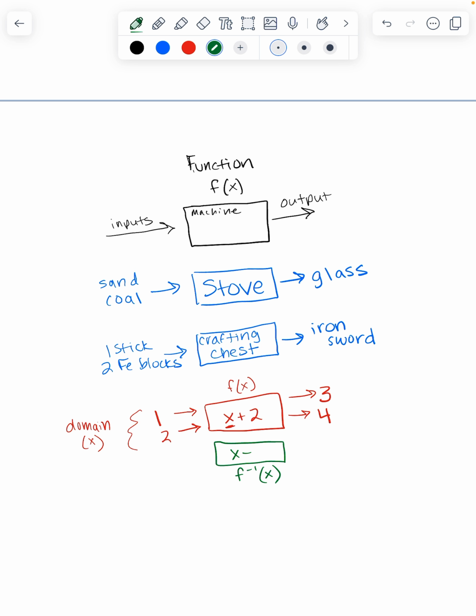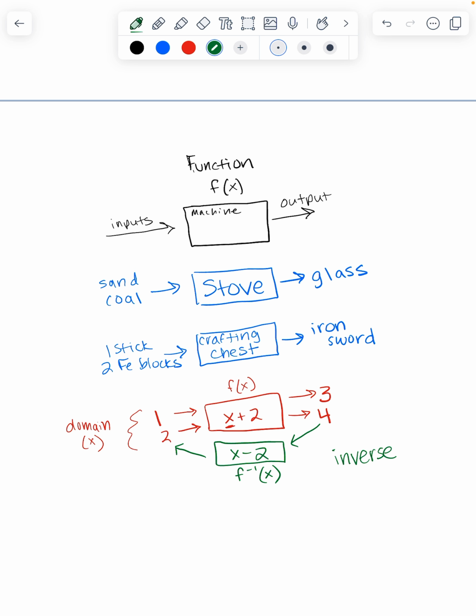It would be x minus 2. So if I take my 4 again and I put it into my inverse function, I'm saying 4 minus 2, and that is going to get me to the answer of 2. So functions in math have an inverse as well.